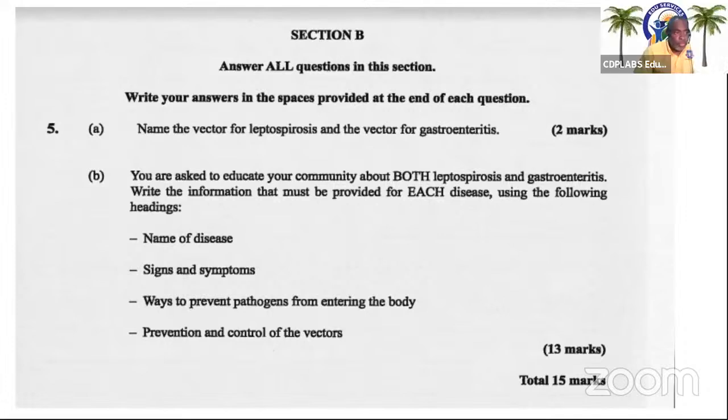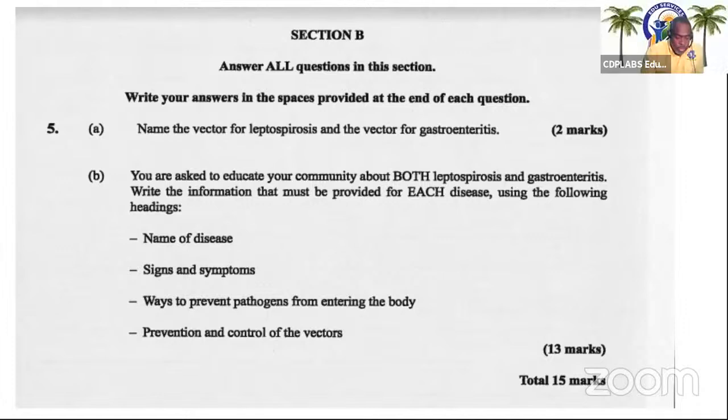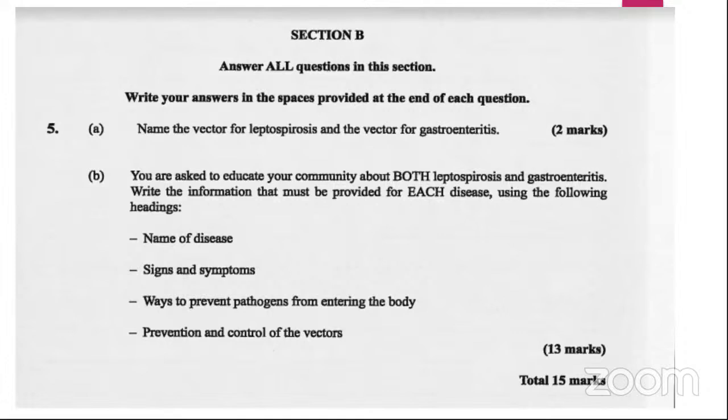All right, good. And what else? What if there should be a flood, and the rat urine is in the water? Well, they normally say that you can tip a little bleach in the water.